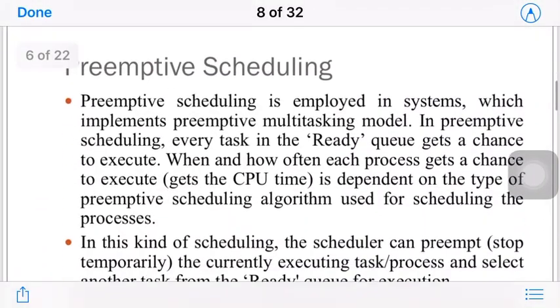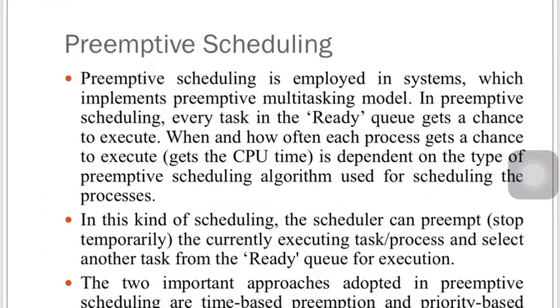Now let's discuss preemptive scheduling. Preemptive scheduling is employed in systems which implement the preemptive multitasking model. In preemptive scheduling, every task in the ready queue gets a chance to execute. When and how often each process gets a chance to execute, that is, gets the CPU time, depends on the type of preemptive scheduling algorithm used for scheduling the processes.